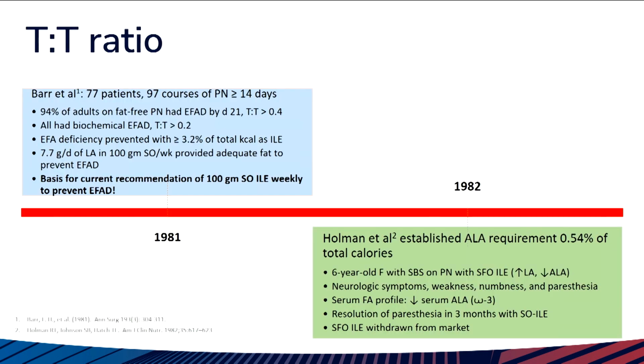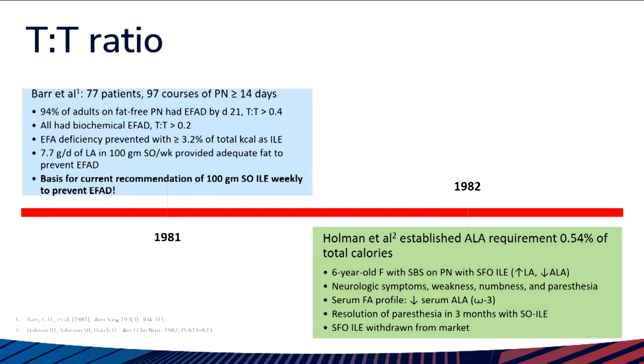And then there are some more studies that were done in the 80s. Barr did some studies looking at the minimum amount of lipid you need if you're giving a patient PN to prevent EFAD. That's the basis for the 100 grams of 100% soybean oil ILE weekly, from this Barr study.